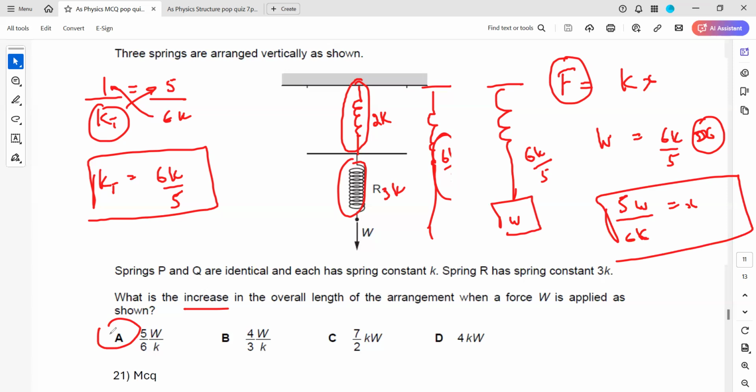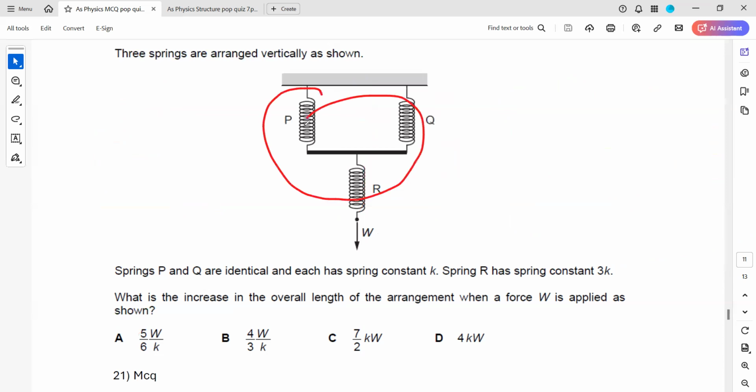So the important thing to remember: when springs are connected in series, you add the reciprocal and take the inverse. When they're connected in parallel, just add the spring constant. Why not 2W? Because the total force on the system is W. What I did was replace all these three springs by one.